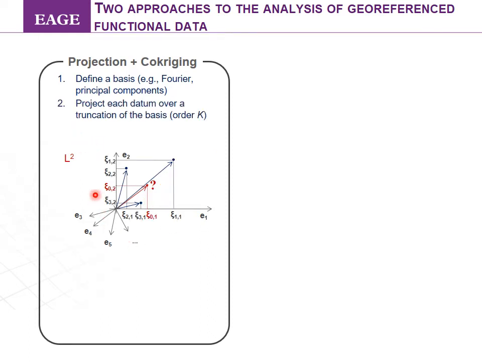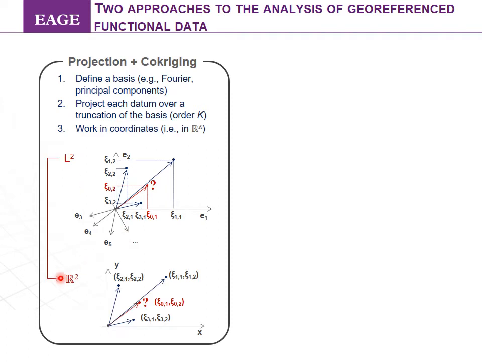And so I map these functions into a two-dimensional space where I now have scalars, and then I just interpolate scalars. Of course, in doing so, there's a definition of when to truncate, that's the order of that space. And also, there's possibly a loss of information related to that truncation.